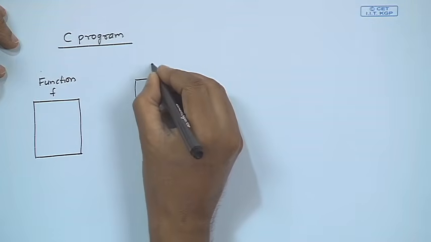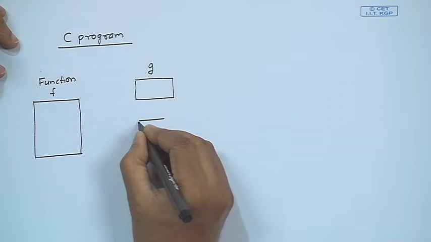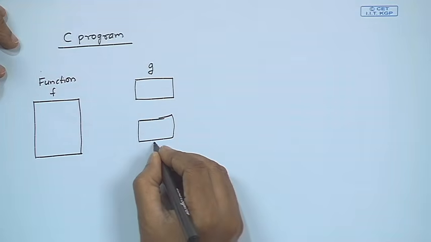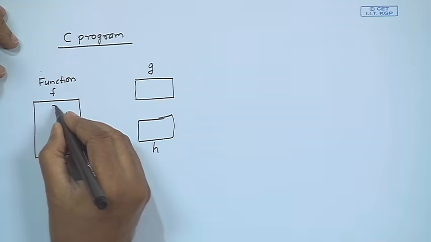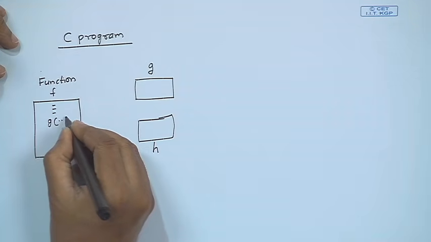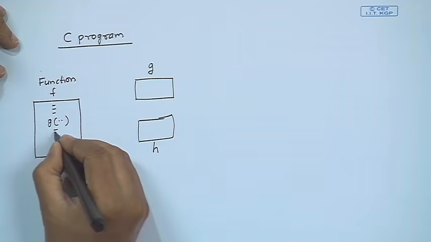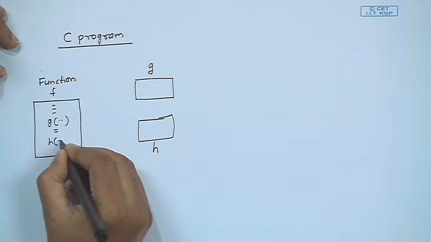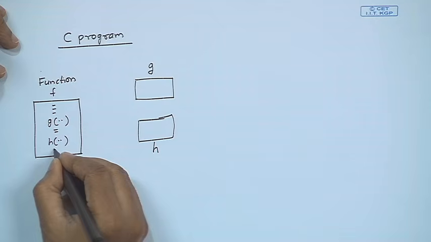There is a function g, there is another function h. Within the body of the function, I can call g with parameters, I can call h, and so on.